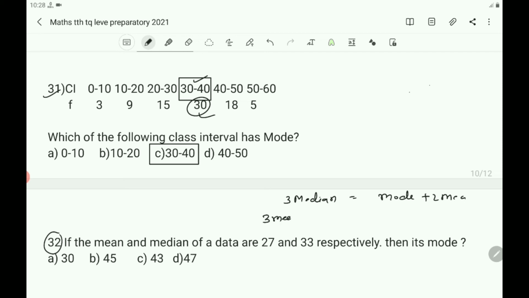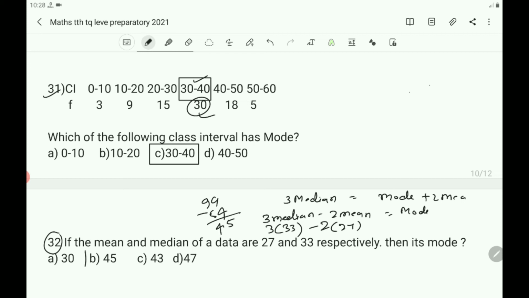That becomes 3 median minus 2 mean equals mode. So 3 into 33 minus 2 into 27, that is 99 minus 54. So you will get 9 minus 4 is 5, and again 9 minus 5 is 4.